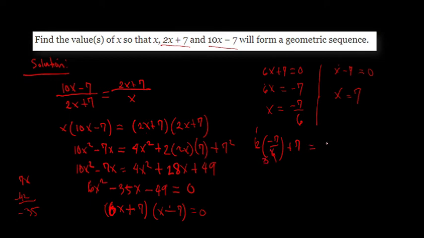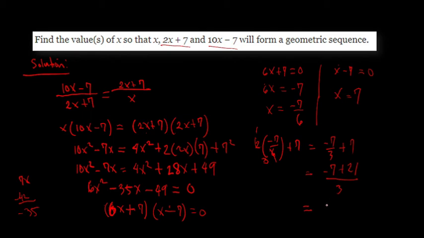So negative 7 over 3 plus 7, then negative 7 plus 21, 3 times 7 is 21, all over 3.